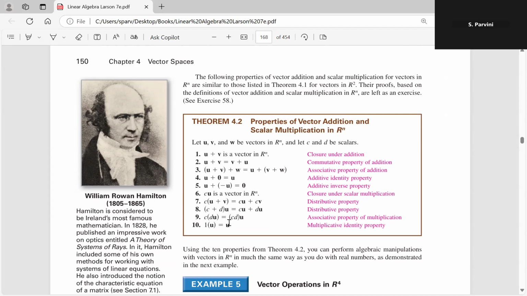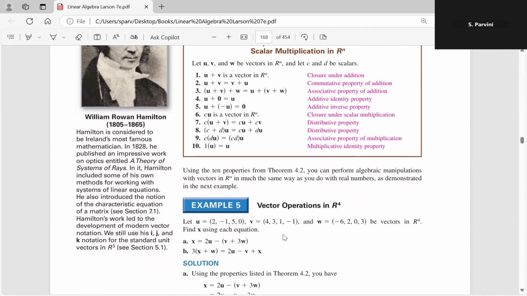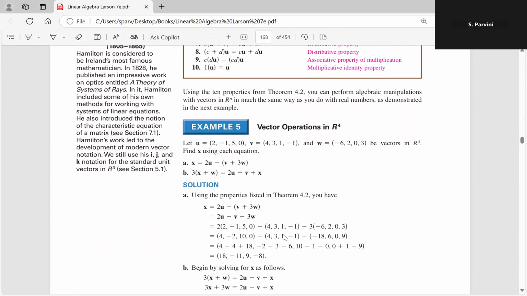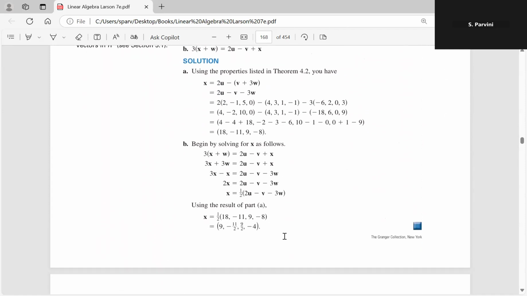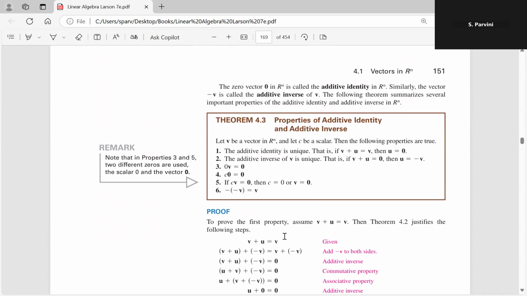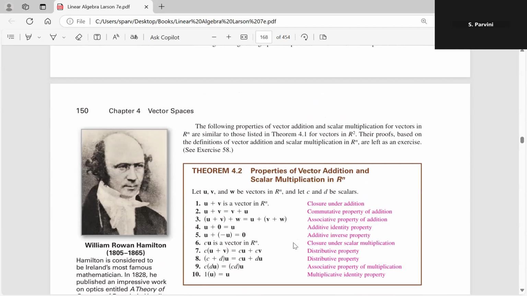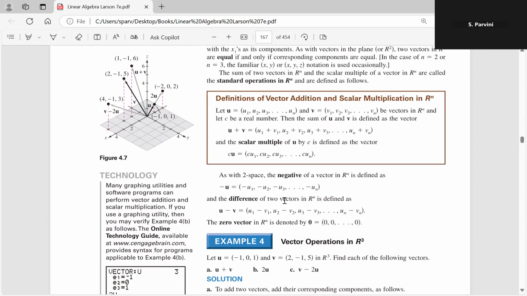We could define non-standard operations; we'll look at those later. But the standard operations are addition and scalar multiplication. These standard operations are going to be, again, u plus v, and let me go back up here. Sorry, there you go. These are the standard operations in Rn: vector addition and scalar multiplication.